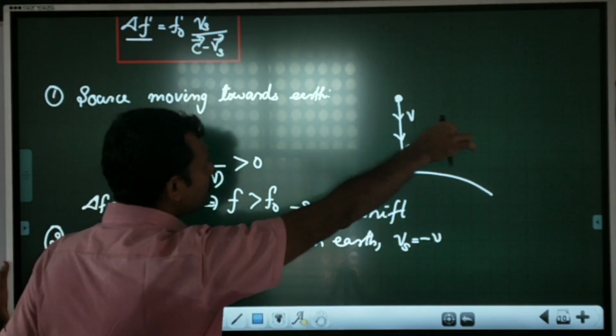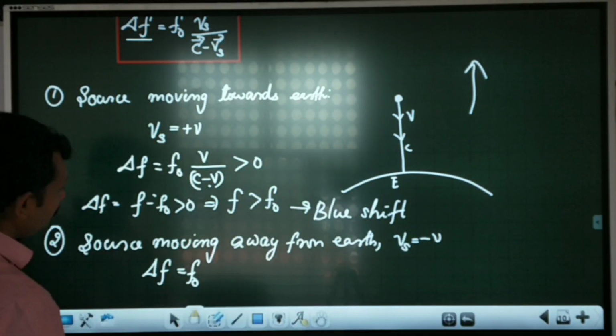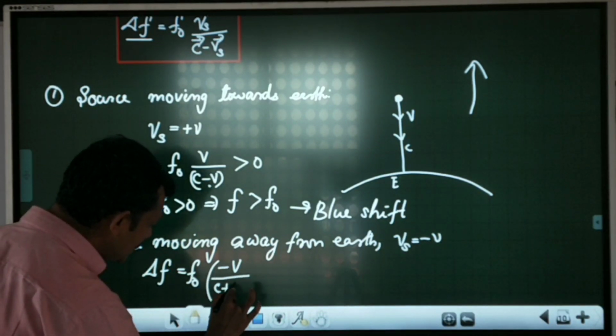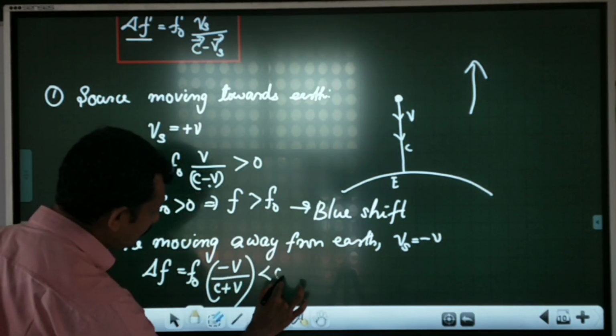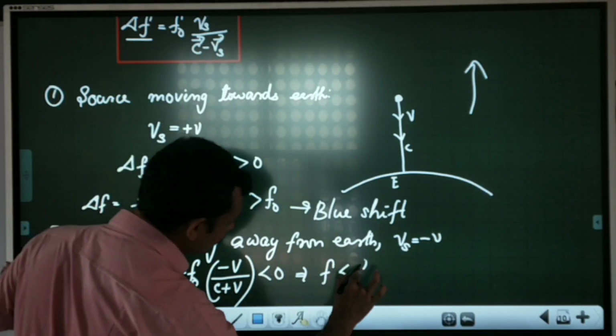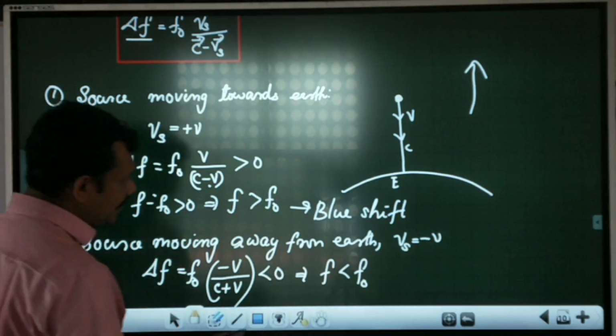It is moving away, so the direction should be opposite. So in this case it will be minus v divided by c plus v, and it is less than 0. What does that mean? f is less than f0.